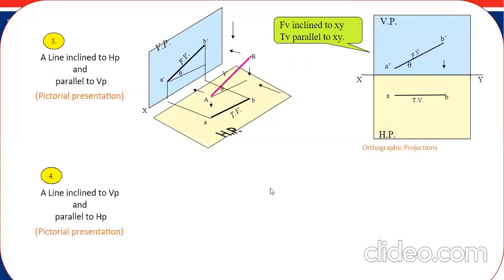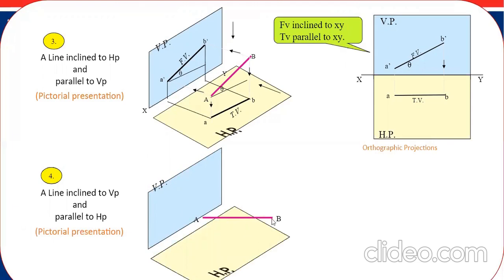Now fourth, line inclined to VP and parallel to HP. This line has inclination with the vertical plane and is parallel to HP, like this AB. Now here, this is the top view, the actual length of the line.